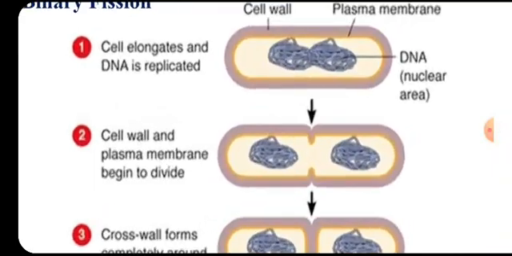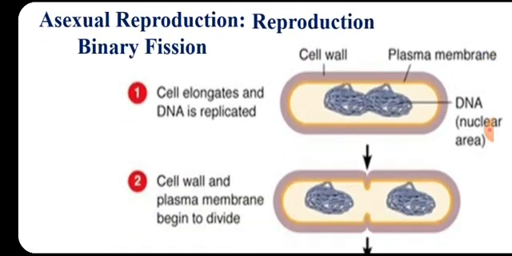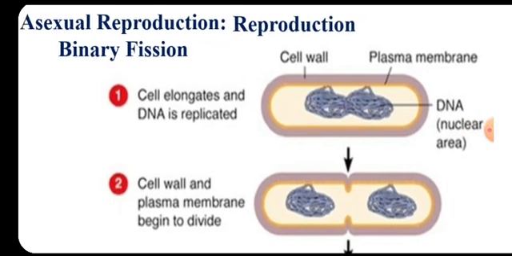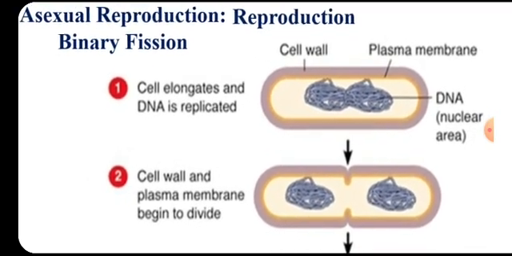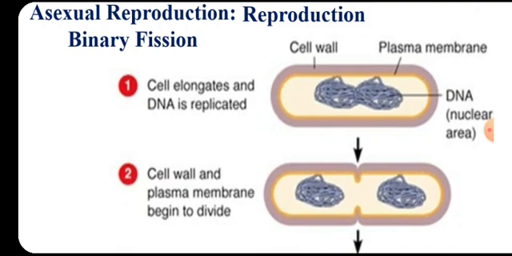Next characteristic is reproduction. Reproduction can be divided into two categories: asexual reproduction and sexual reproduction. There are three ways of asexual reproduction in case of bacteria. First one is binary fission.